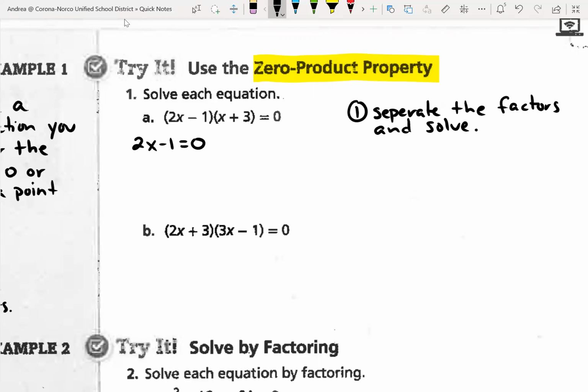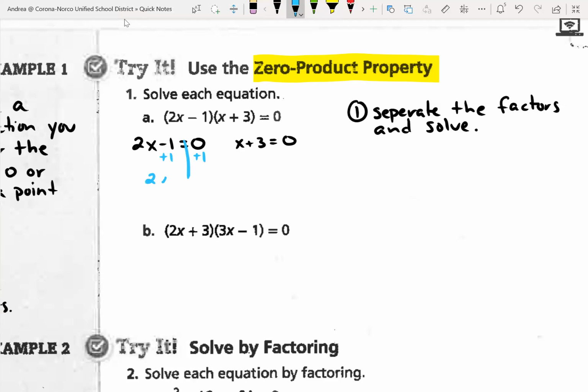It's going to equal 0. That could possibly equal 0. And x plus 3 could possibly be equal to 0. Now we're going to solve like it's just a two-step equation. So here, I'm going to add 1 to both sides.